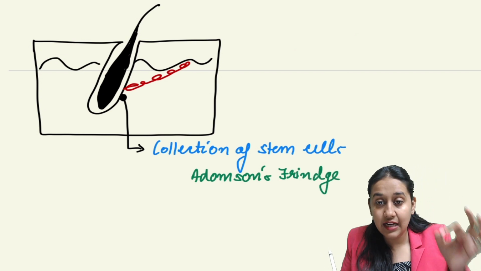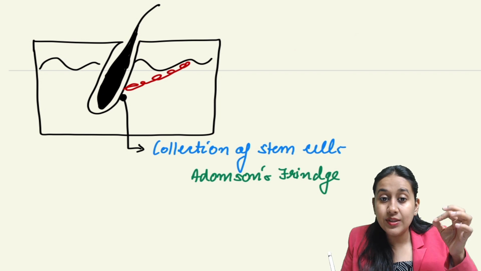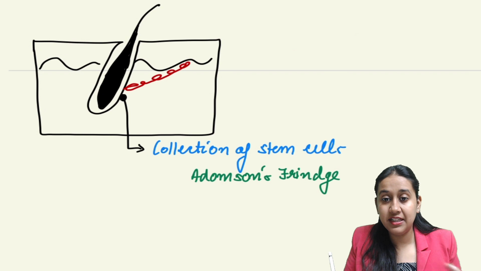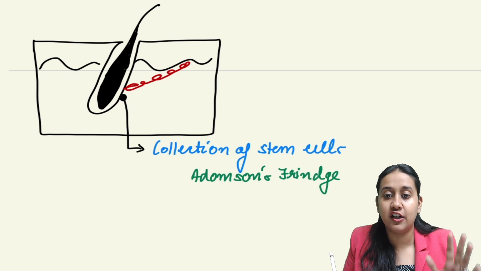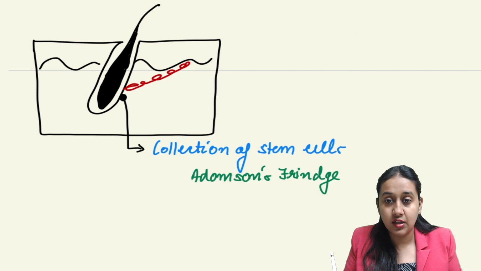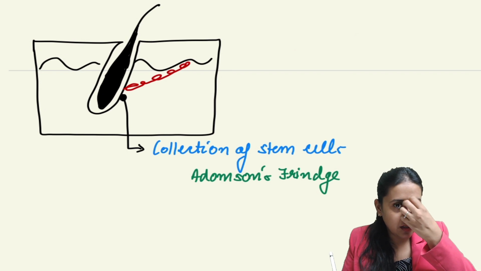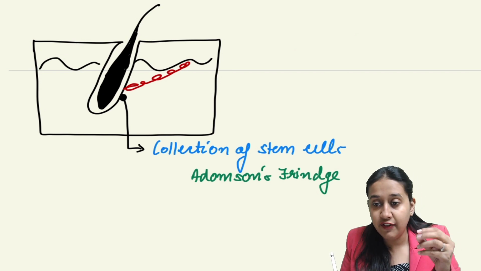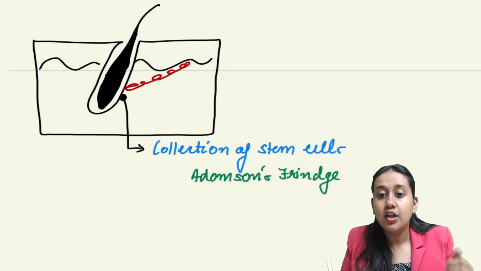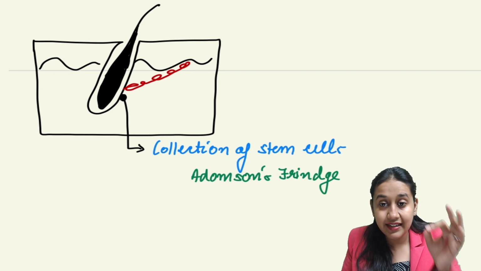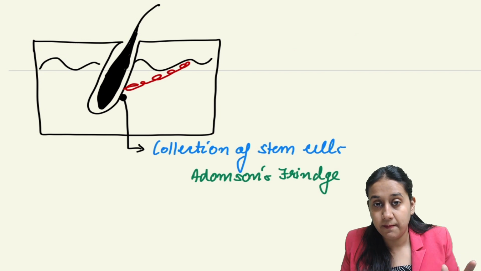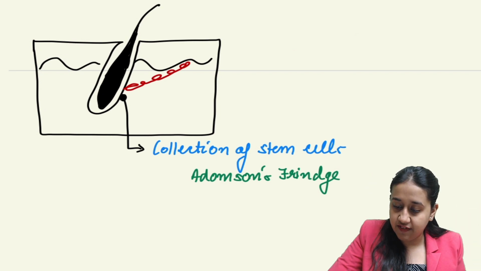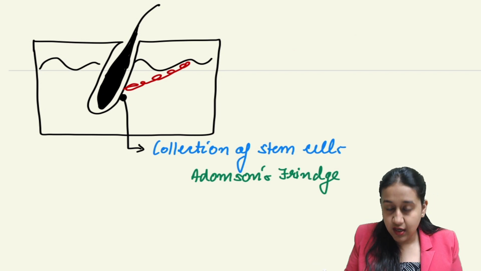If you have any damage to this part, you will see permanent loss of hair. For example, specifically in the inflammatory type of hair loss, fungal infections, bacterial infections, some conditions like SLE, lichen planus. In inflammatory type of hair loss, due to inflammation, the Adamson's fringe gets affected. And when the Adamson's fringe gets affected, the patient starts developing the scarring type of hair loss.